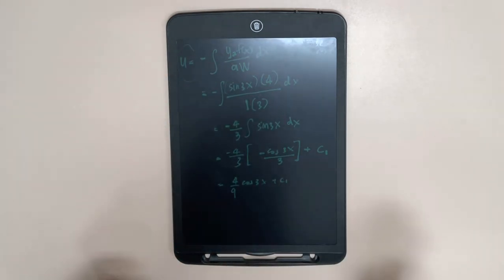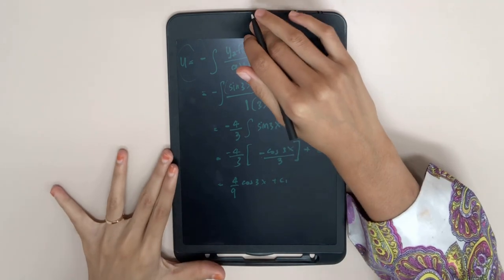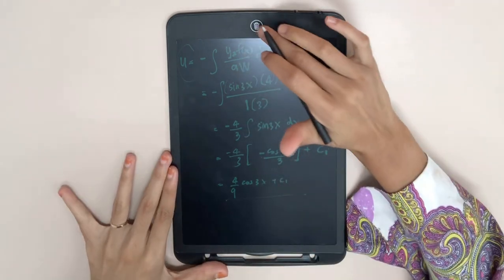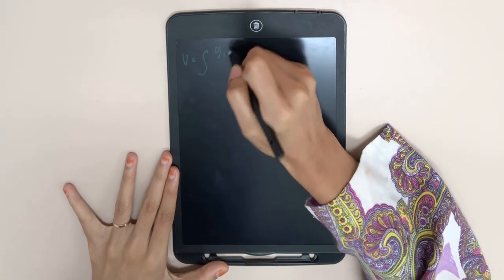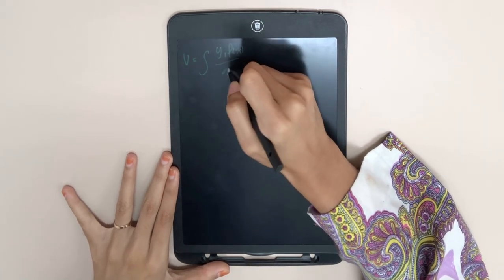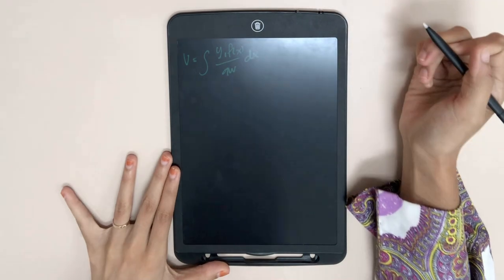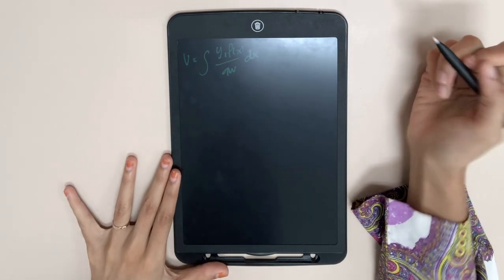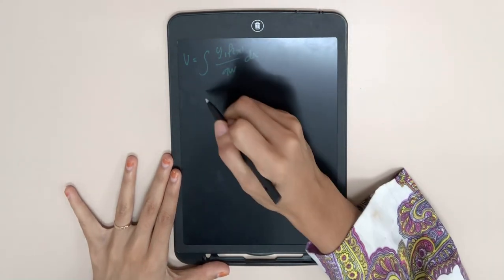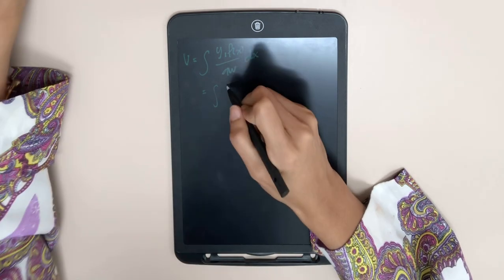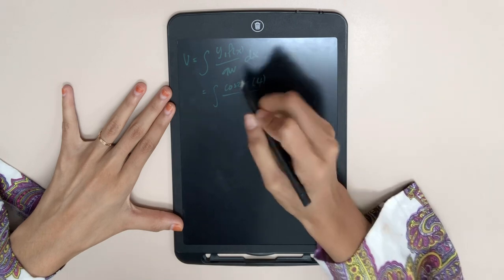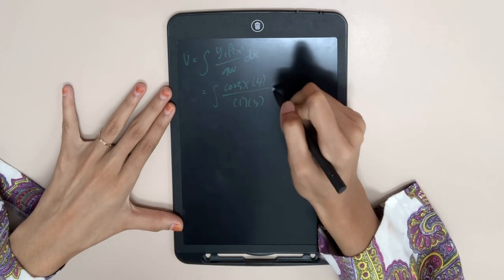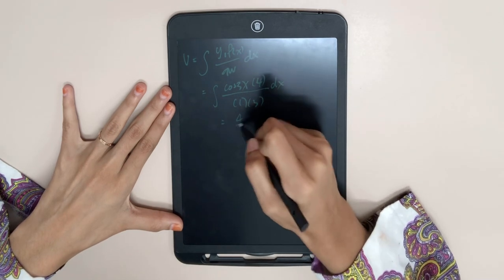Now the next thing, remember this answer. Now we need to calculate another one, which is v. The formula is the same, just swap y1 and y2, and it is positive. There is no negative sign in front. So your y1 just now is cos 3x, your f(x) is 4, 1 and 3 dx. So do the same thing.